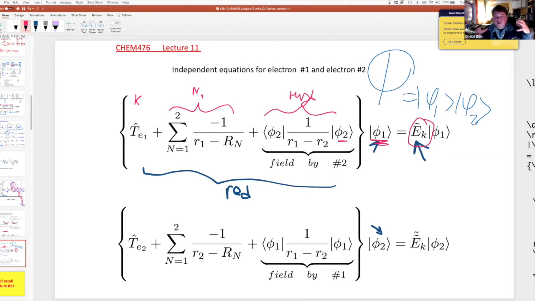So if we already know the orbital for electron number 2, here is an equation that will help us find the orbital for electron number 1.